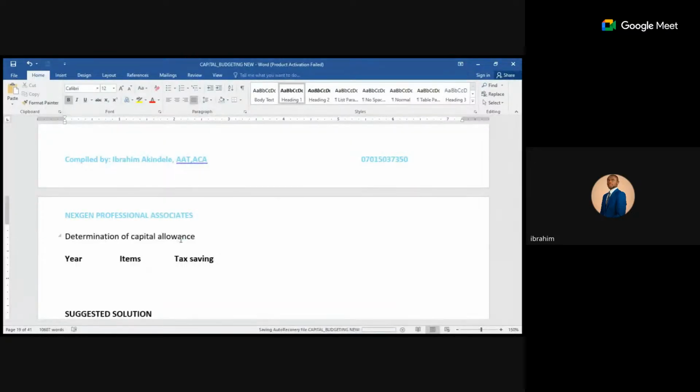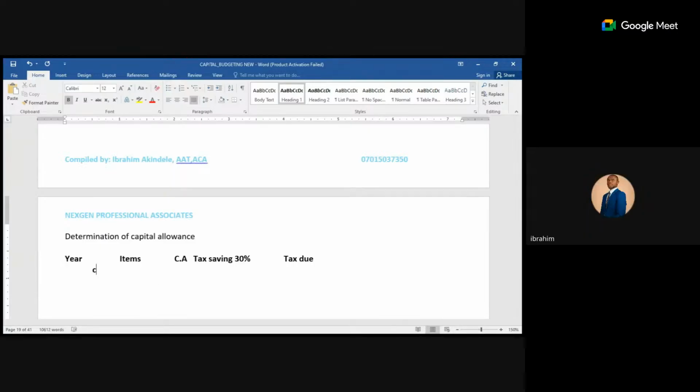What is the tax rate? 30%. The tax rate is 30%. So the tax savings on capital allowance will have tax due. What is the cost of the asset? The asset cost is 8 million.